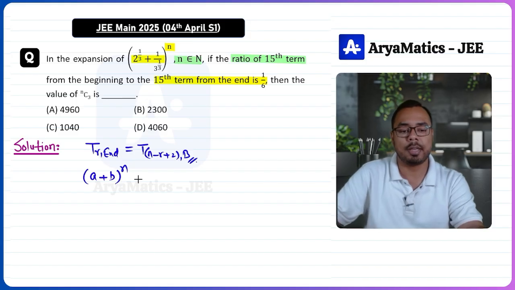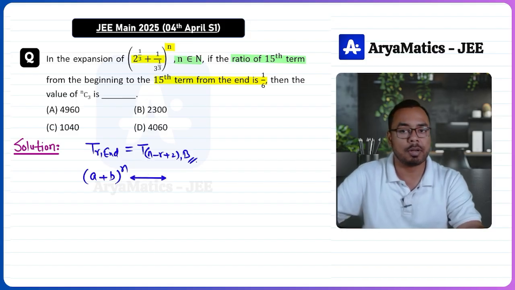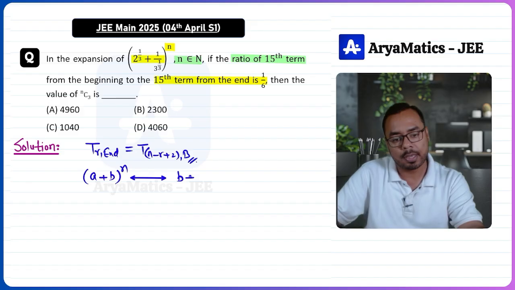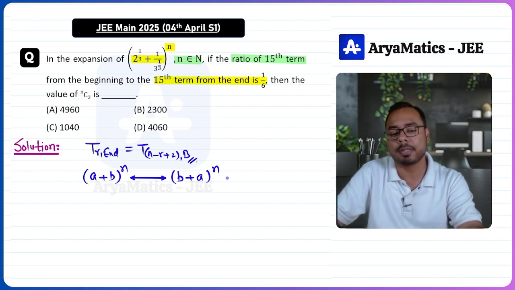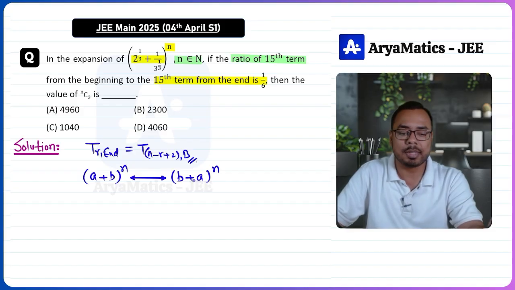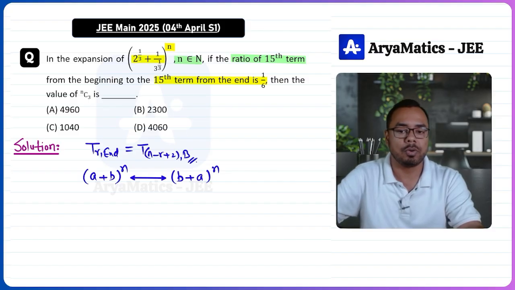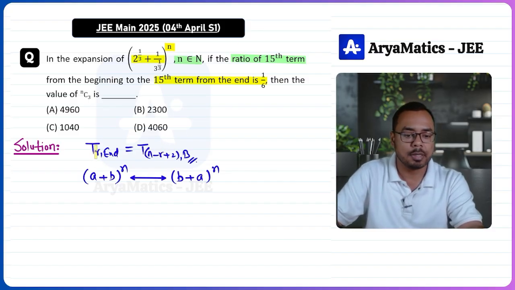Instead of (a + b)^n, you write (b + a)^n, and then find the term from the beginning. That means Tr from the end in (a + b)^n is the same as Tr from the beginning in (b + a)^n. So in one line you can write a particular term from the end, without worrying which term number it is from the beginning.